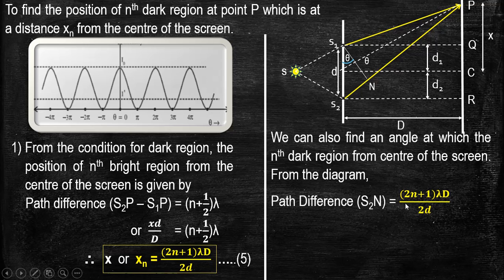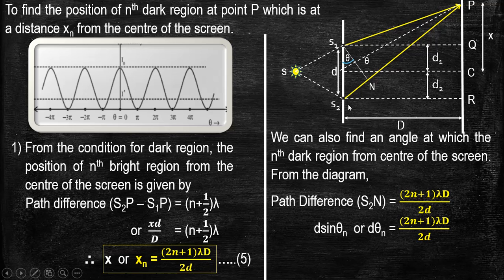Path difference equal to 2n plus 1 lambda upon 2. But here we have to write d sin theta n instead of xd upon D. xd upon D is also path difference, but expressed in terms of x, d and capital D, whereas d sin theta n is also path difference, but expressed in terms of small d and theta n.